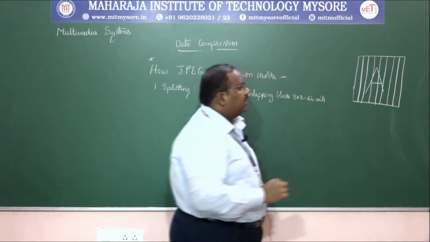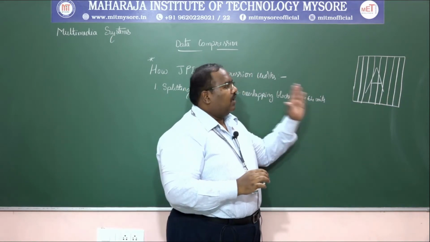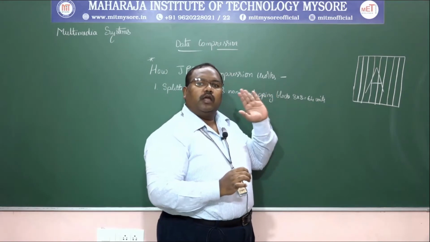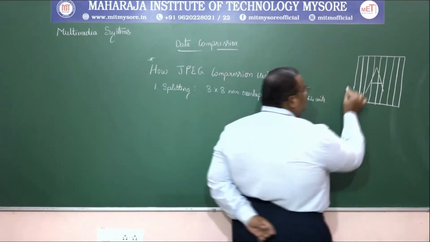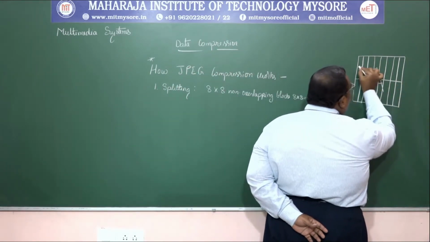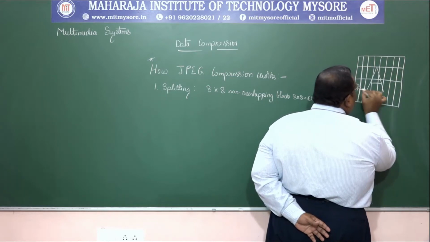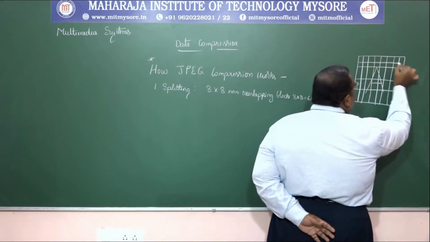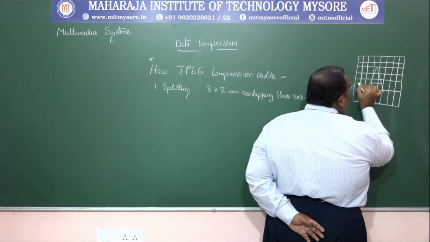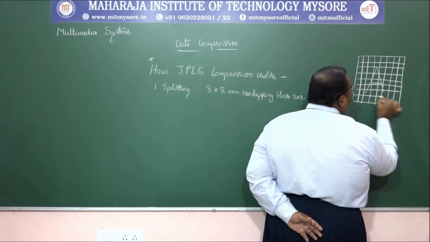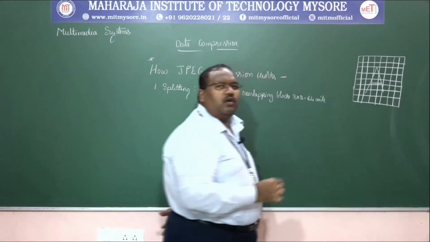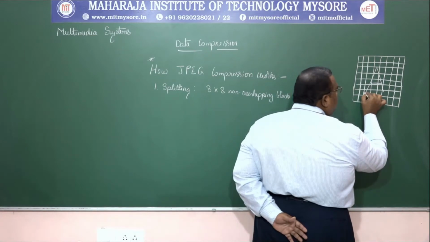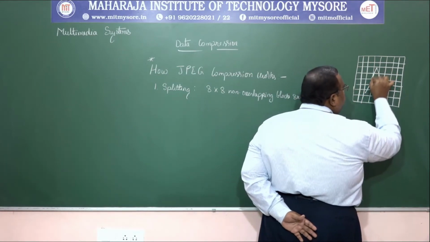Now you can clearly see we have 8 columns. Again we need to split it to have 8 rows. Now we have 4 rows, so again I will split it in order to have an 8 cross 8 matrix. Look at this. Now our letter A is here.